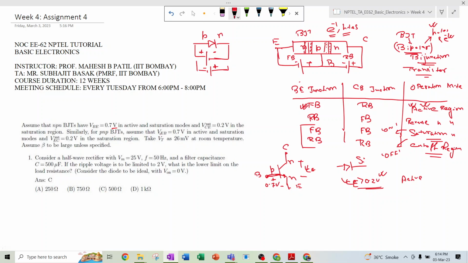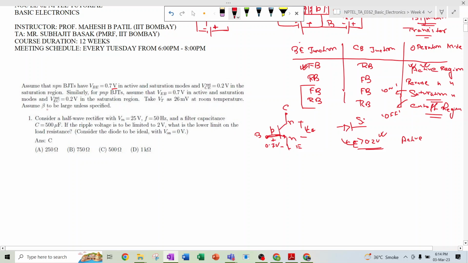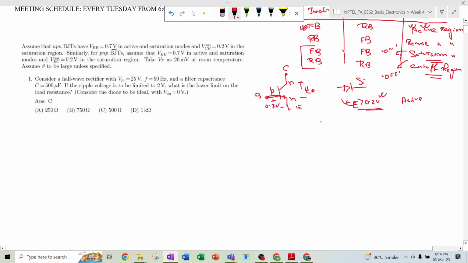And also I want to tell you about the beta. Basically, in a transistor there are three currents. One is IB, the current flowing through the base terminal. This is IC, the current flowing through the collector terminal. This is IE, the current flowing through the emitter terminal.